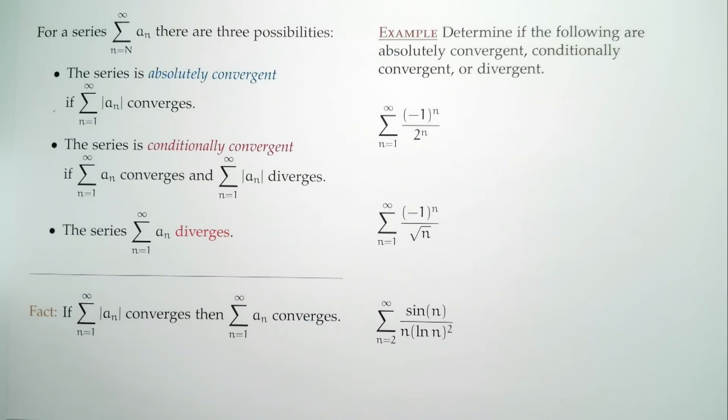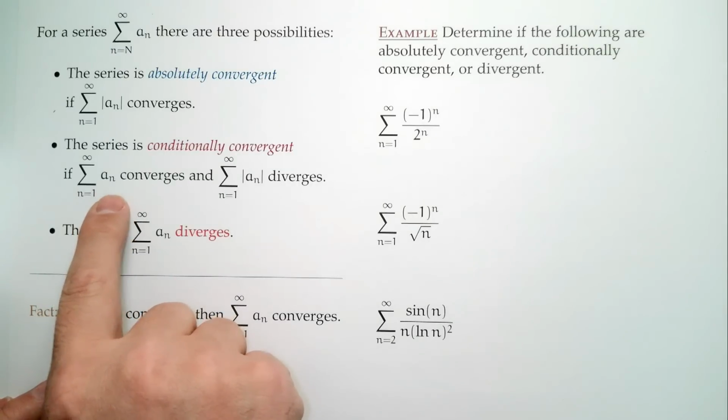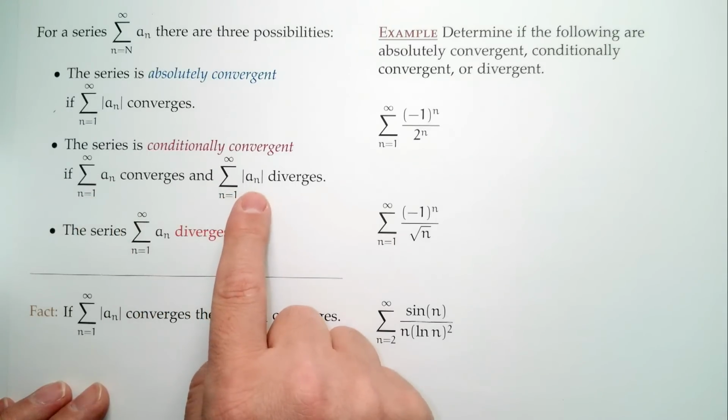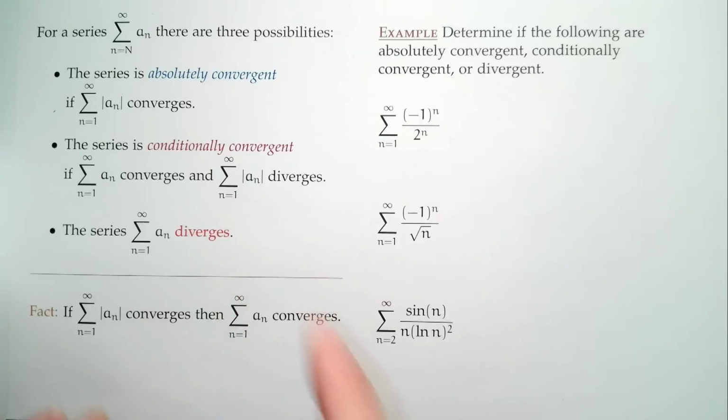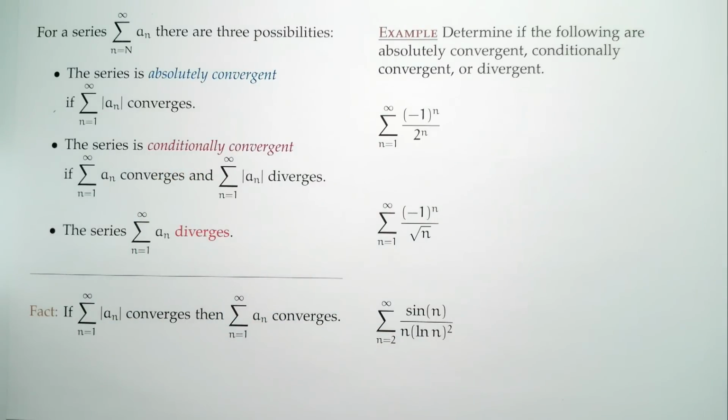Conditionally convergent says, well, it does converge, but you really need to have that negative coming into play. In other words, if you take out the negatives, which is what happens when you take the absolute value, that diverges. And so you need the negative. So that's conditional convergence. And there's something really odd that happens with that we're going to talk about in just a couple of minutes.